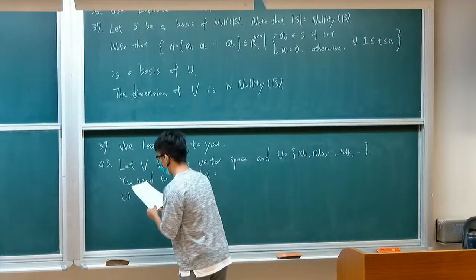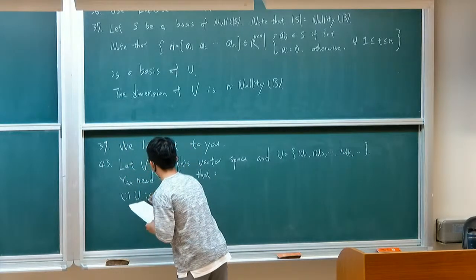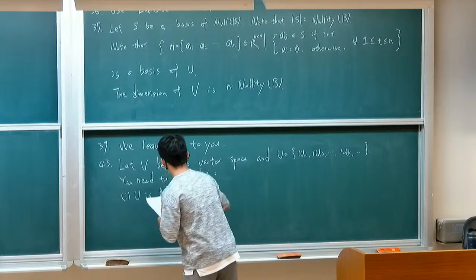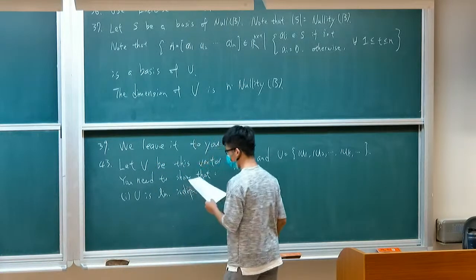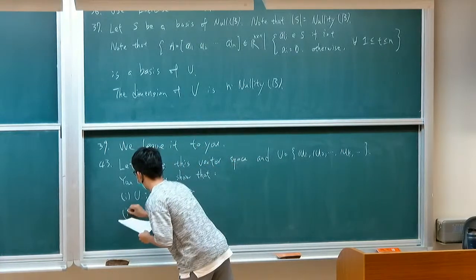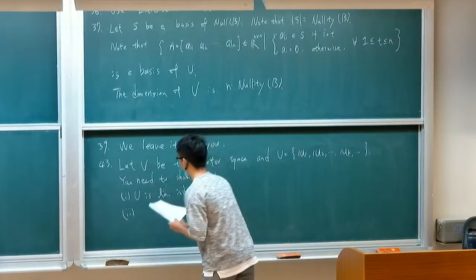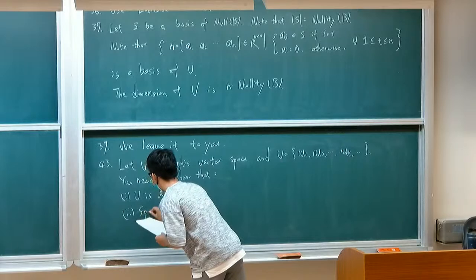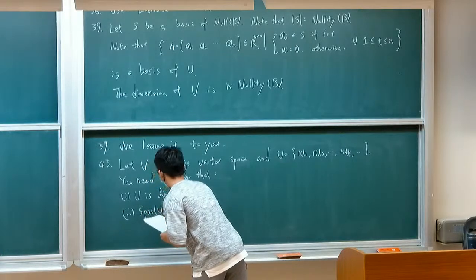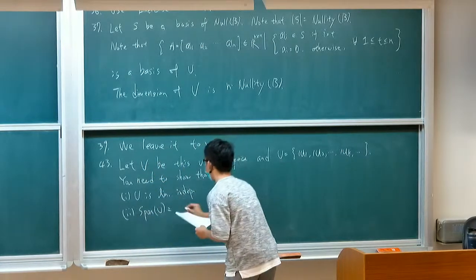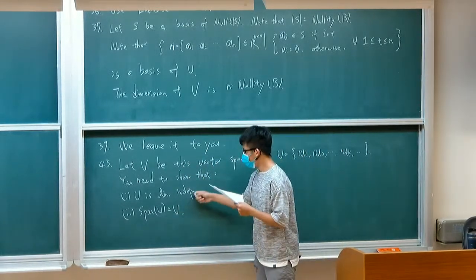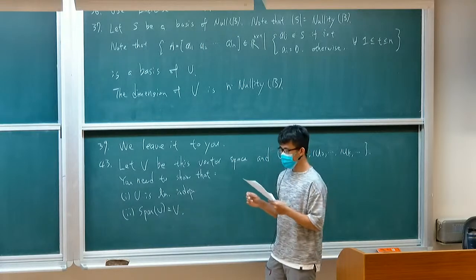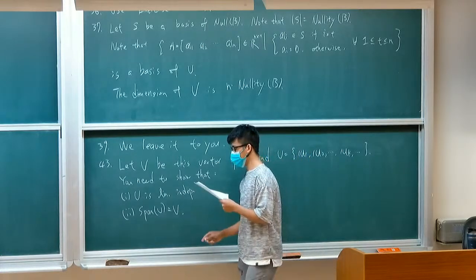First, you need to show that U is linearly independent. And the second thing is you need to show that span of U is equal to V. Since they are not difficult, they will be left to you.